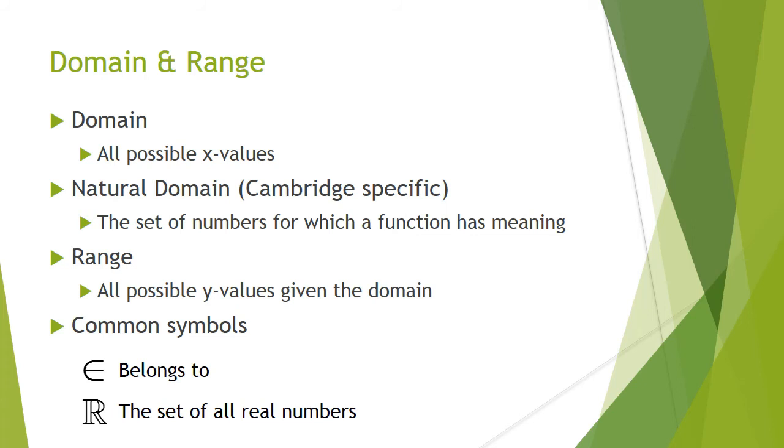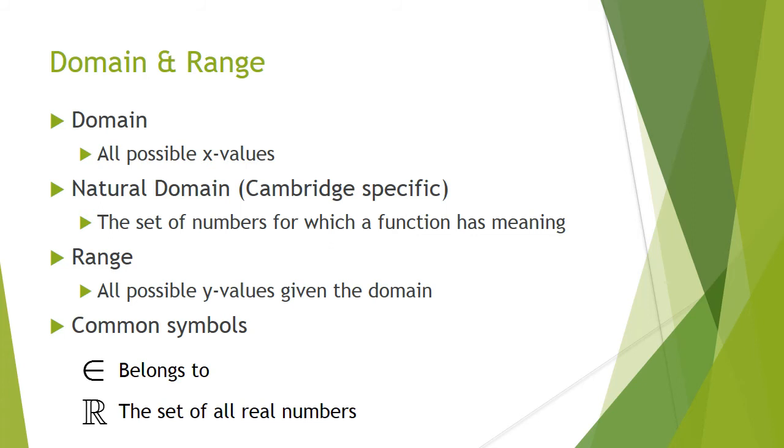Cambridge specifically calls it the natural domain. So if you're trying to put -1 into the square root of x, your calculator spits out an error. That's because when you try to input -1 in for x, it's not part of the natural domain of the square root of x. And we'll explore that a little more. The range is all possible y values given the domain.